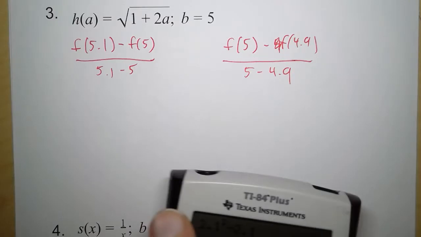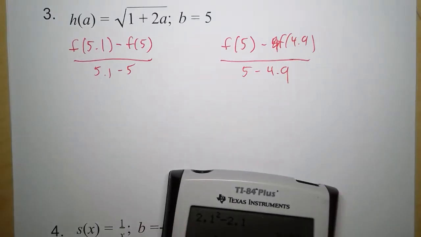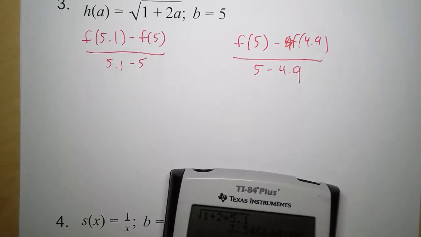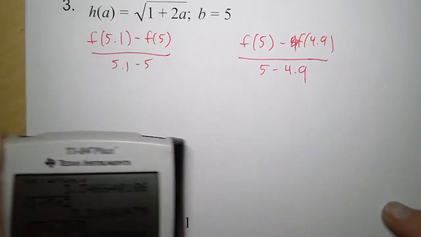So when we plug in 5.1, square root of 1 plus 2 times 5.1, that gives us 3.347. And plug in 5, we get 3.317. And then we plug in 4.9, 3.286.